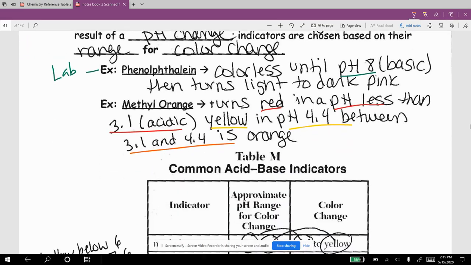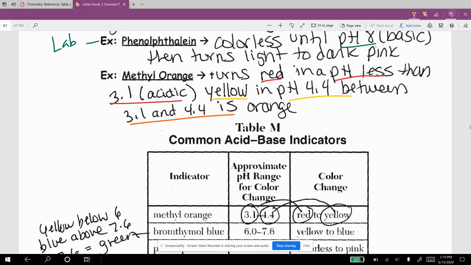And so this is the basis of table M. And so now methyl orange obviously has a much narrower pH range than phenolphthalein, but it's not going to be able to tell you if something is a base or not, because anything above that pH of 4 is going to be one color, and it only can tell you some basic ranges.